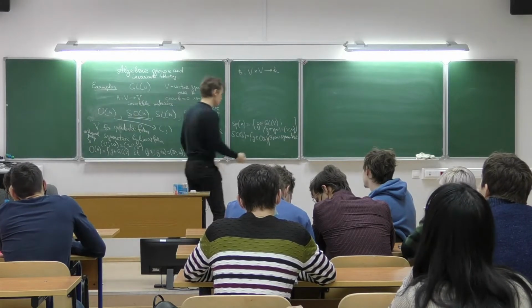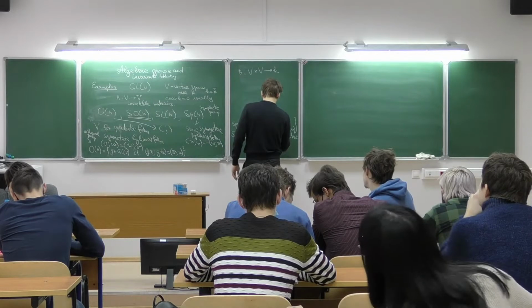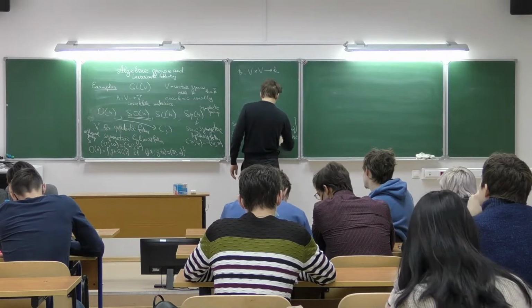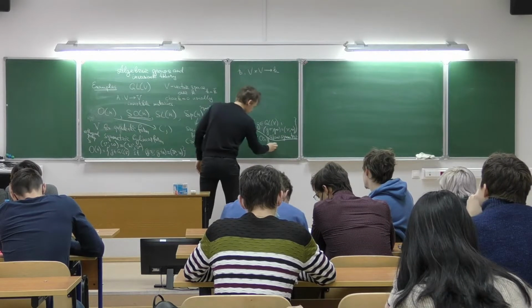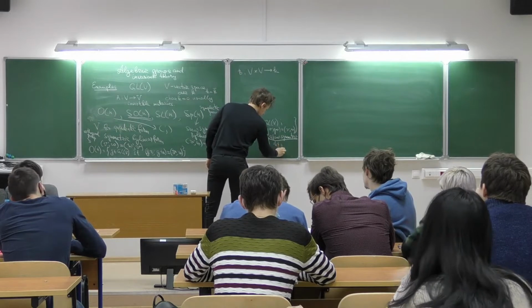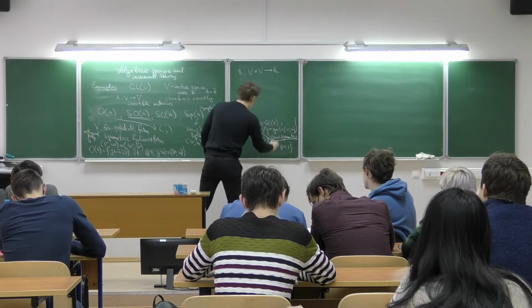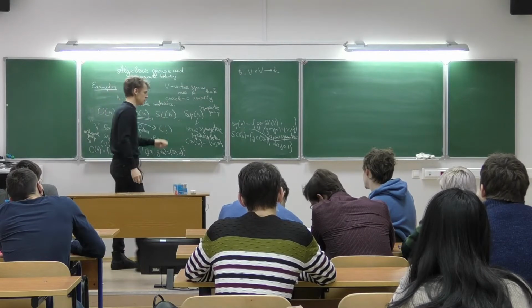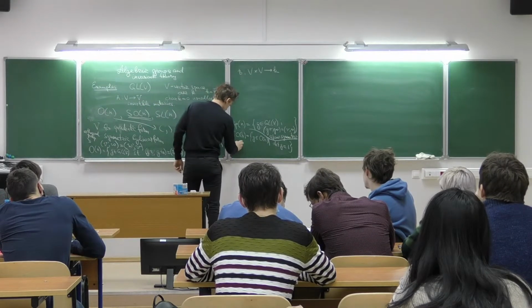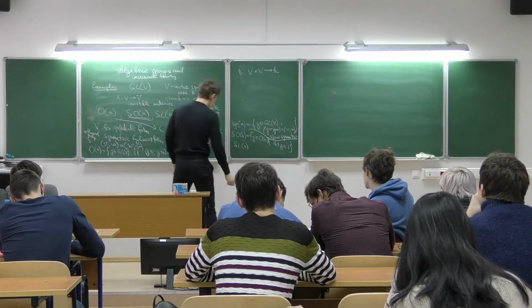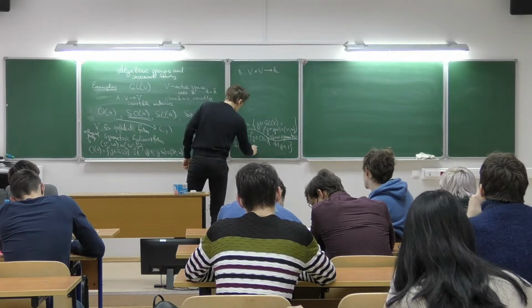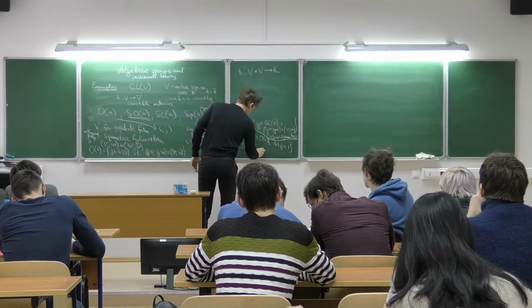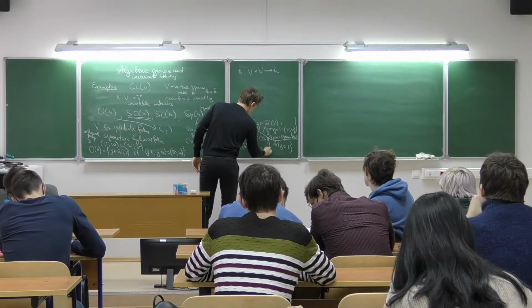Here you have the additional condition that the determinant of g is equal to 1. And here, if you want to discuss SL(n), SL(n) is just the elements of GL(n), invertible matrices.